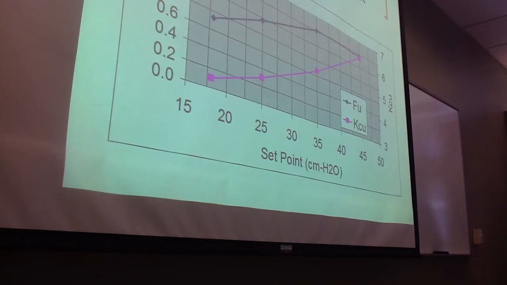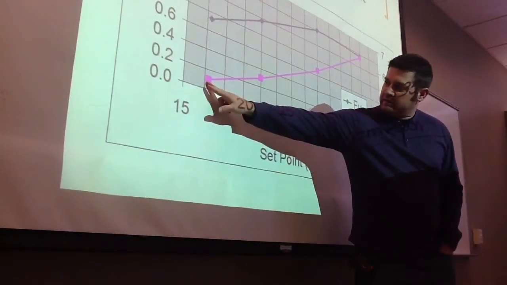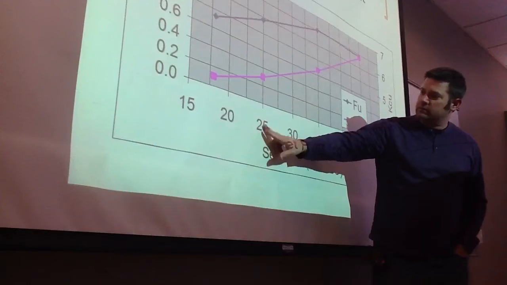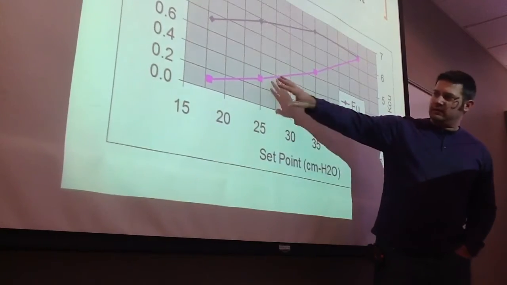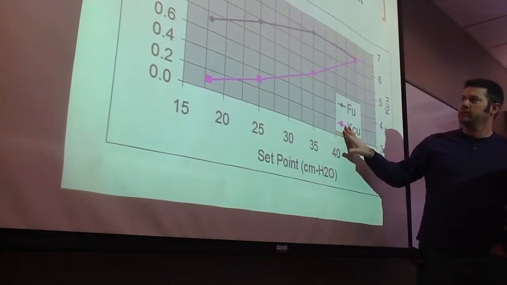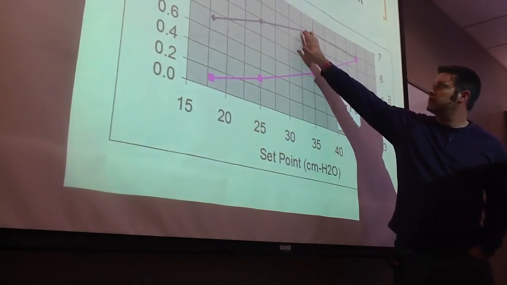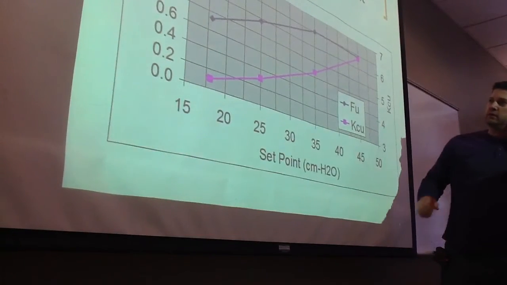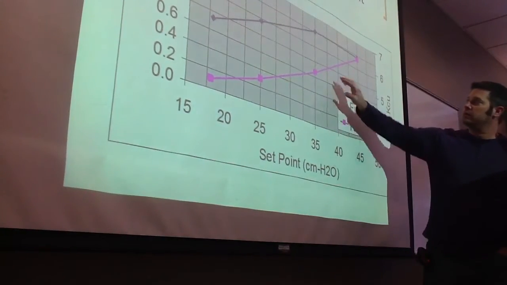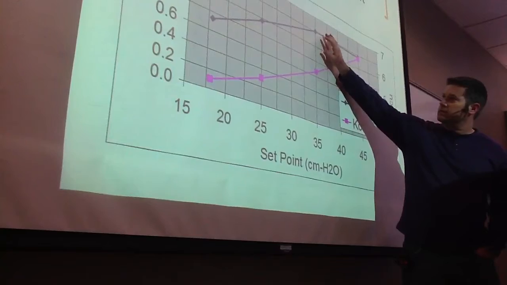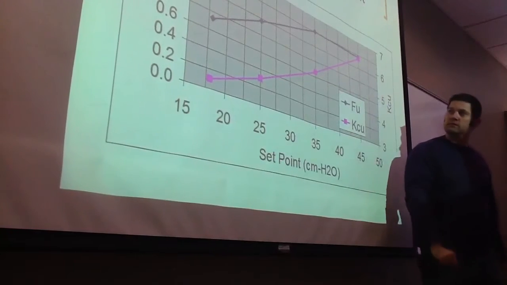You can see if you look here, the set point would be about 17 here, and then the set point for this one was around 25, and this changes your critical gain. This line right here is your ultimate frequency. And you can see as you increase your set point, the ultimate frequency increases and the critical gain increases.